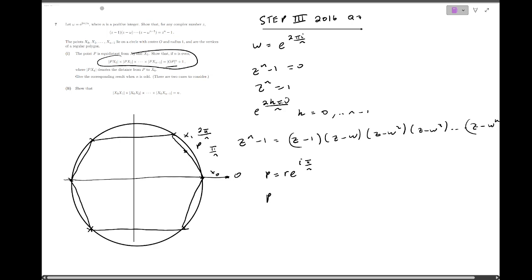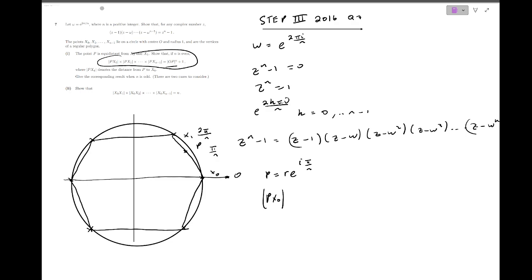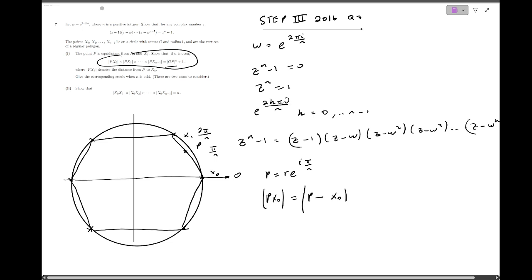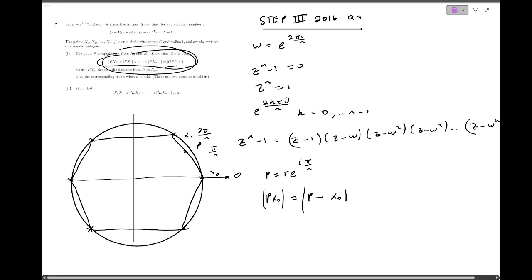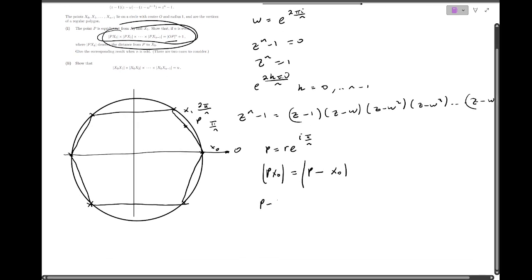So P x0 is said to be the distance between P and x0, or x-whatever, and this is just equal to the modulus of P minus x0. So we can rewrite all of this up here as the modulus of P minus x0, times the modulus of P minus x1, times the modulus of P minus x2, all the way up to P minus x_(n minus 1).